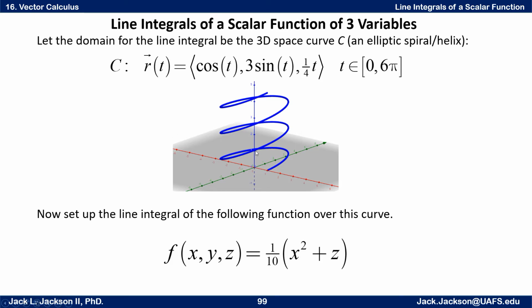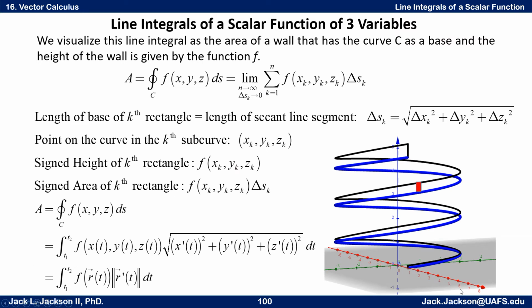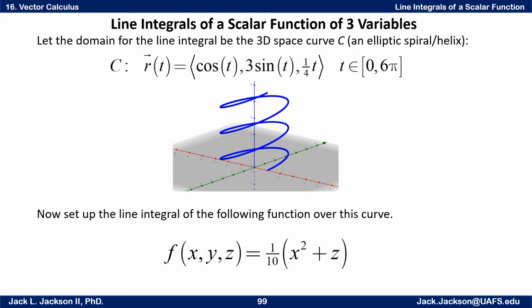Now, the function that we're going to be integrating is 1/10 x squared plus z. That is a formula that depends on x, y, and z, or actually y didn't really figure into it, but it depends on the points along the curve. And that gives us the height of our function. So heights above this curve are given by this formula, 1/10 x squared plus z.